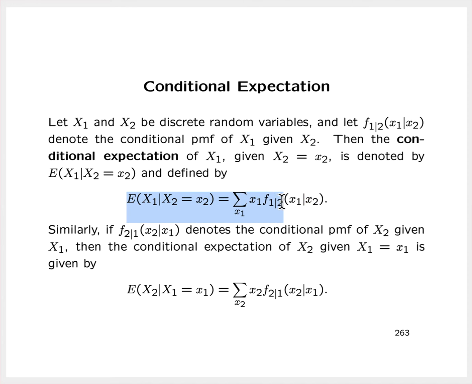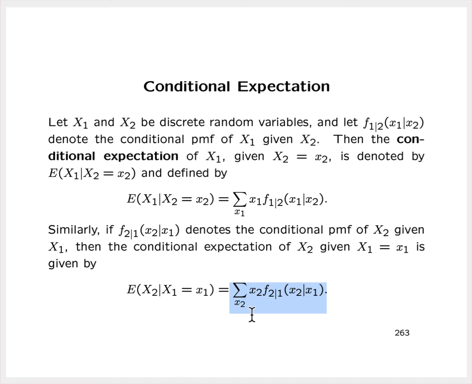So we're going to have a different conditional expectation of x1 for each value of x2. Similarly, this notation, which again denotes the conditional PMF of x2 given x1, lets us talk about the conditional expectation of x2 given the value x1. And it's defined in a completely analogous fashion. The expected value of x2, given that x1 is equal to this specified value x1, is going to be this weighted sum.